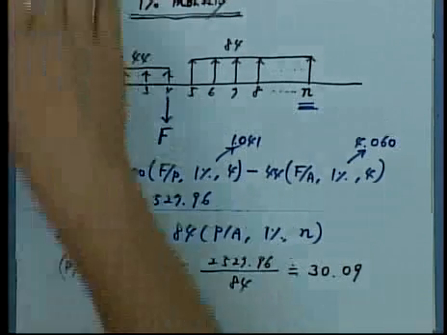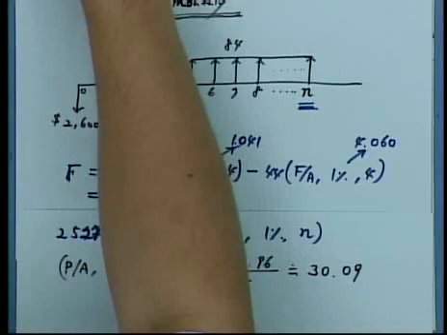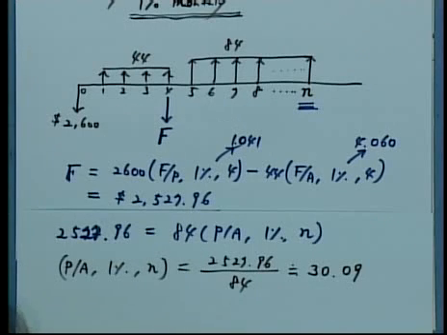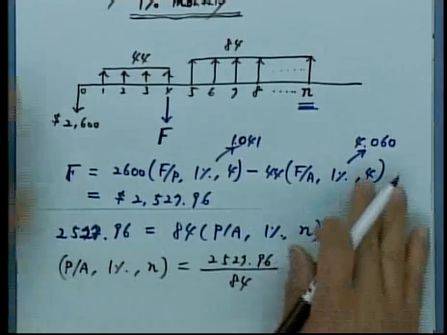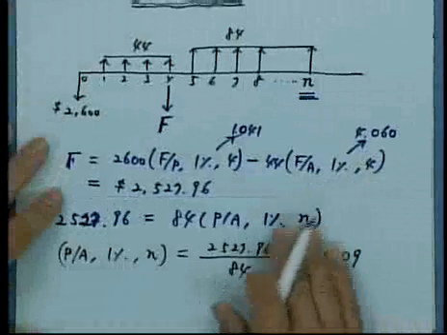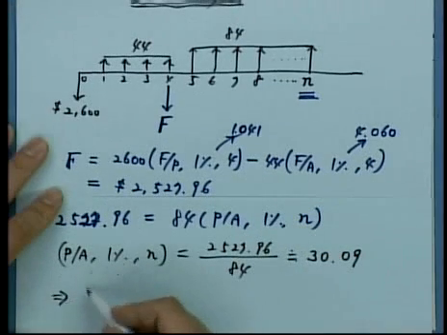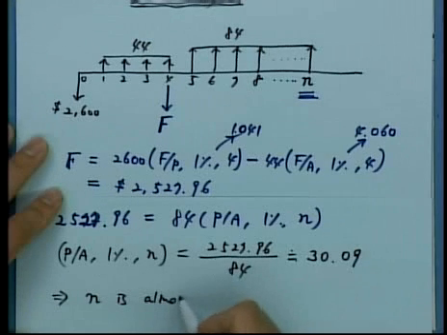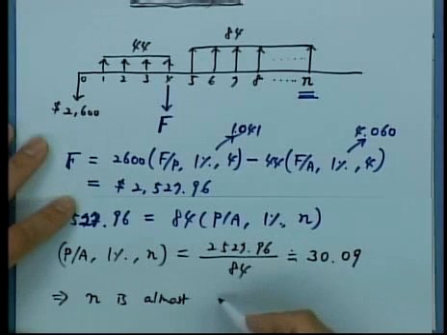And from the 1% interest table, which is provided in page number 598 of our text, the value of N is almost 36. Okay?